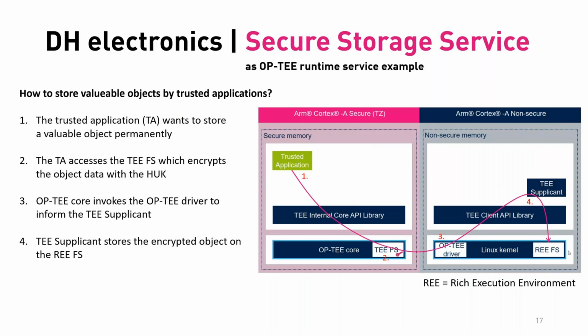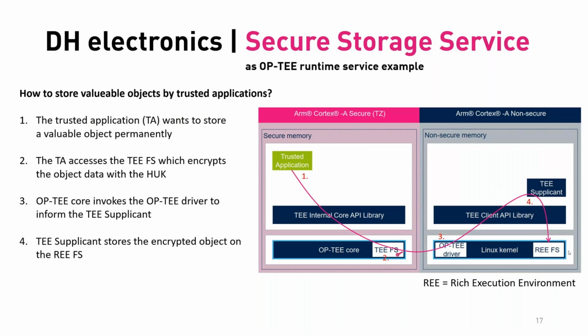This happens by invoking the OP-TEE driver in Linux, which then also invokes another component, the tee-supplicant, that's the user space tool. And this tool finally writes the encrypted data to the unsecure storage on the device.